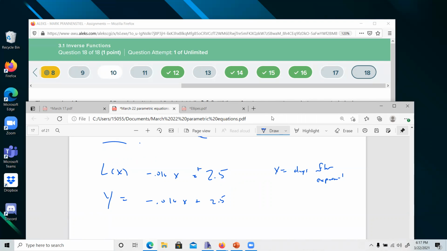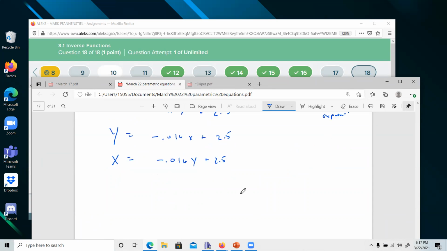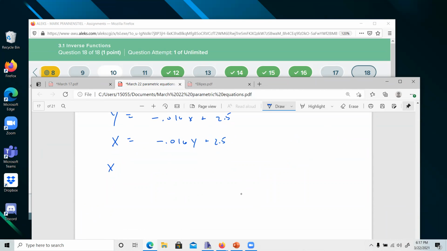And write an equation for L inverse. Okay, so we're going to swap. We're going to say x is equal to negative 0.016y plus 2.5. Okay, so we'll go ahead and subtract. So this is x minus 2.5 is equal to negative 0.016y. Divide both sides by 0.016.